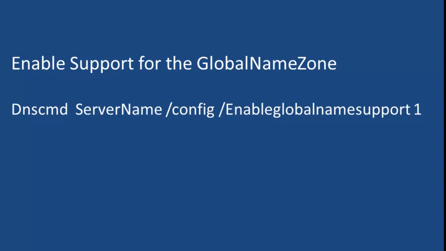The global zone can be created using the graphical interface as we did in the demonstration, and it can also be done from the command line. This is the end of our session on global name zones, and I want to thank you for listening.